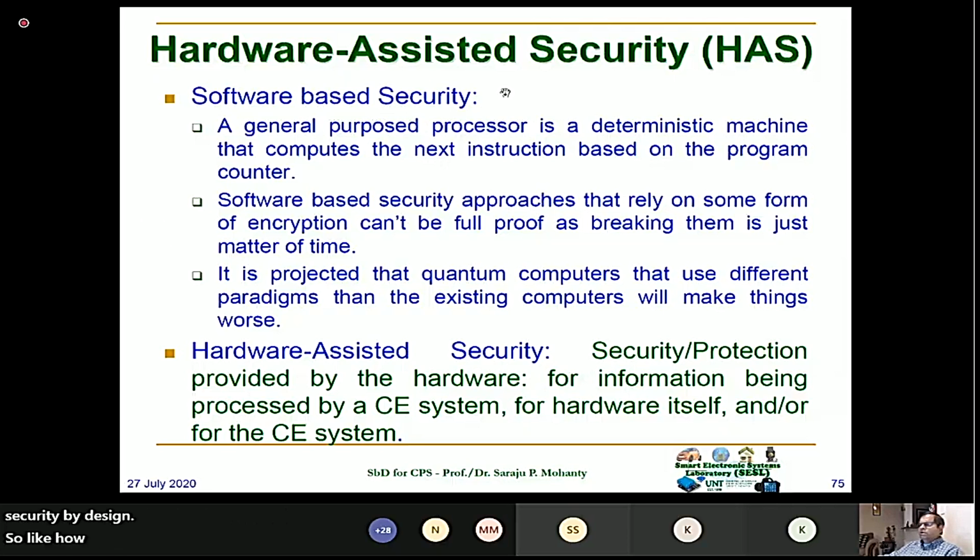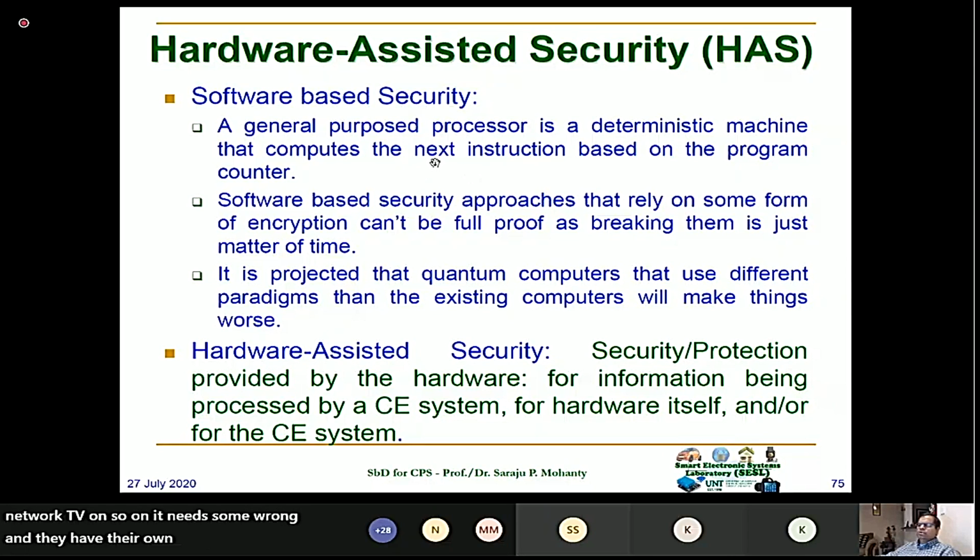How significant is hardware security compared to software-based security? Software-based security by nature is not foolproof because it needs a general purpose hardware processor to run it. Say you want to run network security; it needs some hardware to run on, and that hardware has its own security problems.